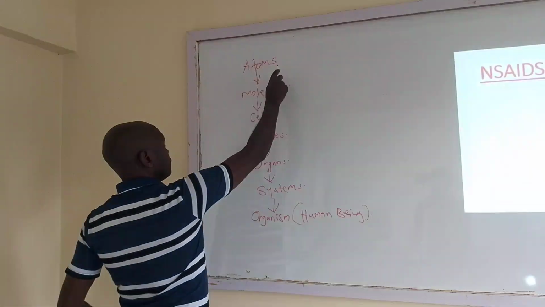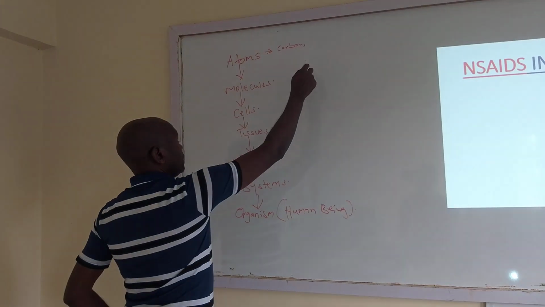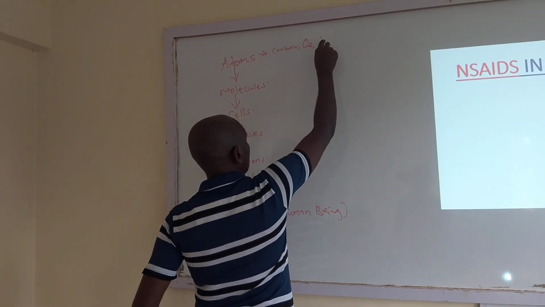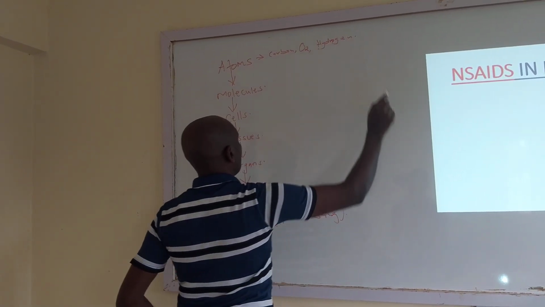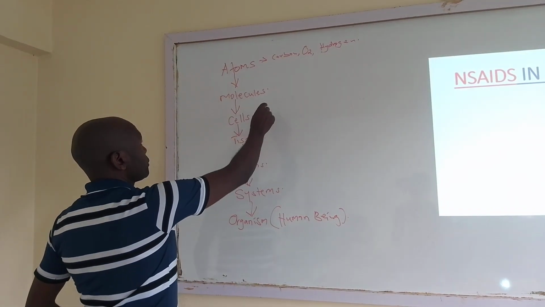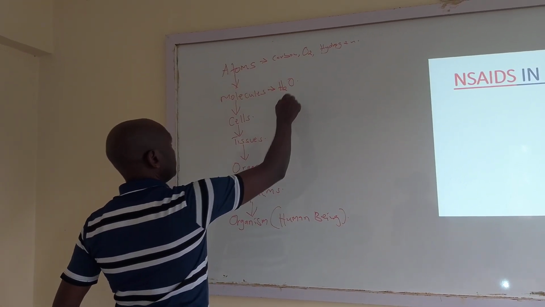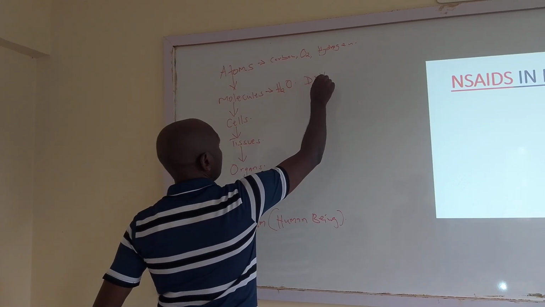So examples of atoms, we have things like carbon. We also have oxygen. We also have hydrogen, among others. Examples of molecules, we can talk of water, and we can also talk of DNA.